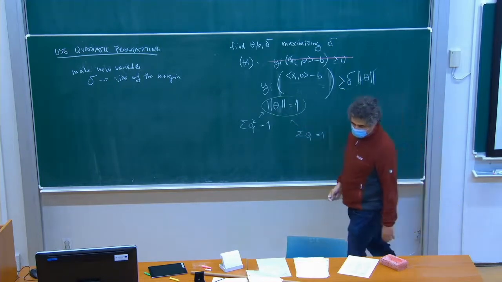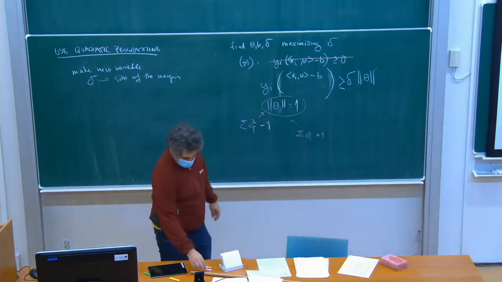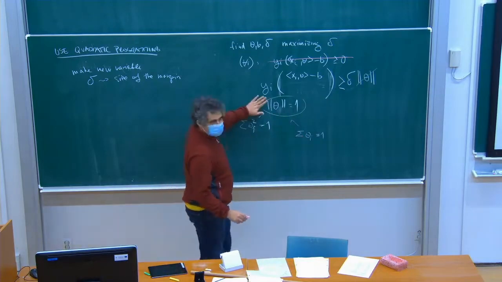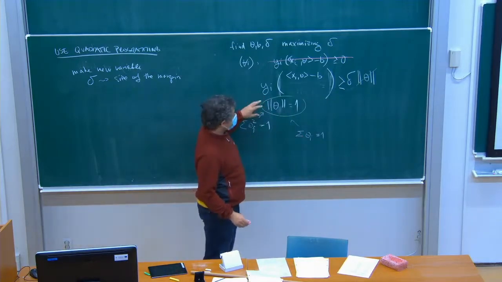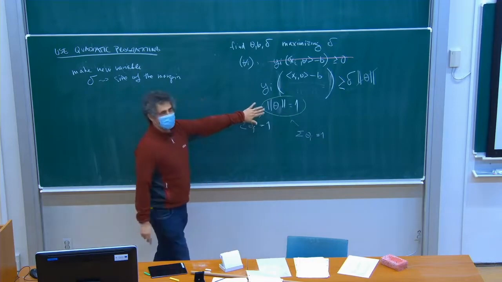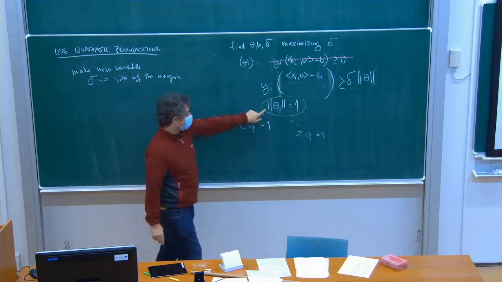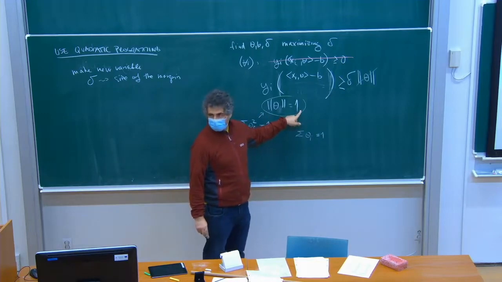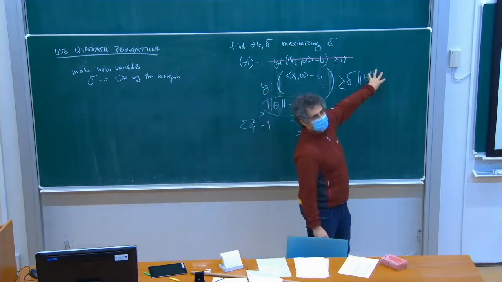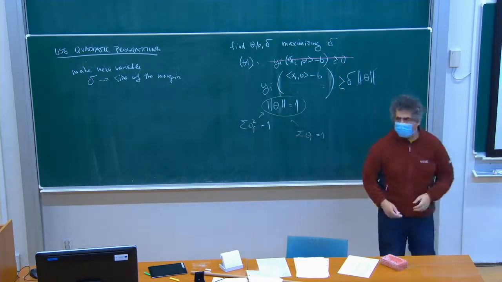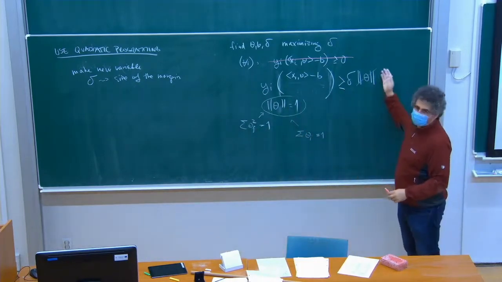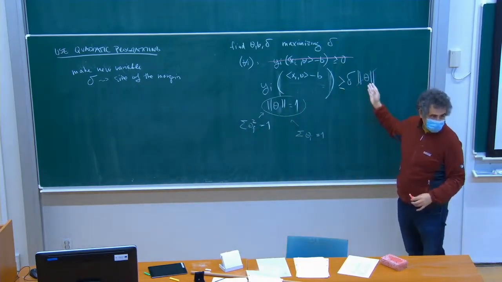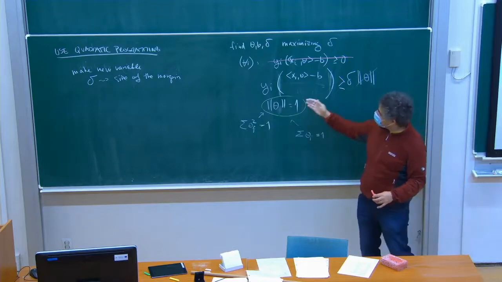So I will do the following trick. I will get rid of this condition and replace it by 1. Because one thing that is nice about this is that by just putting the size of theta equal to 1, I got rid of this particular thing, okay? So I want to sort of get rid of this right side here, but I want to do it in another way.